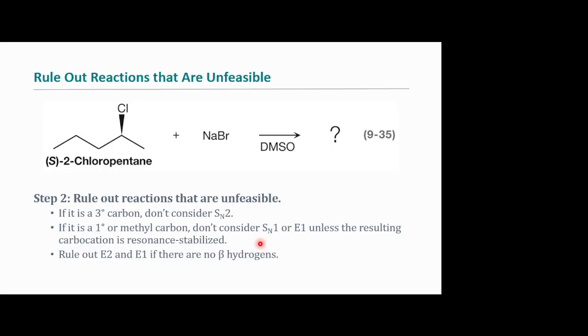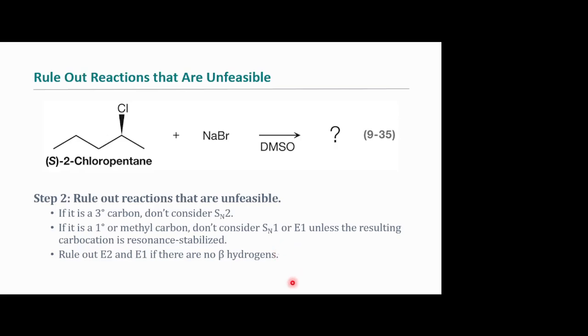Because remember, resonance stabilization bumps that stability of the carbocation up to the next step. Okay? So, methyl carbons, very unlikely to produce a carbocation, right? Primary also very unlikely. Okay? Secondary, tertiary, much more likely.